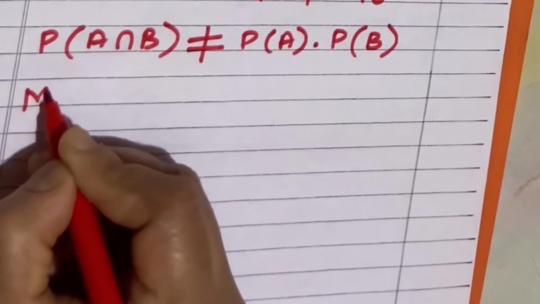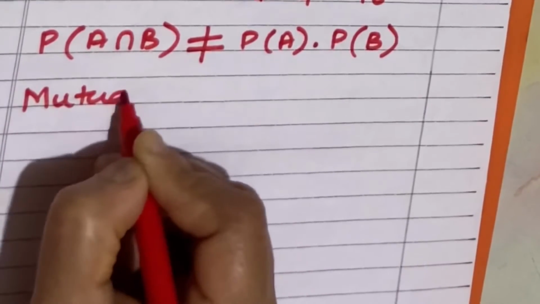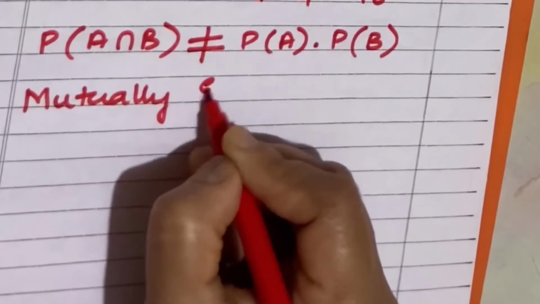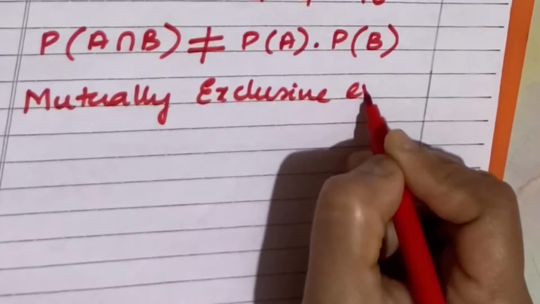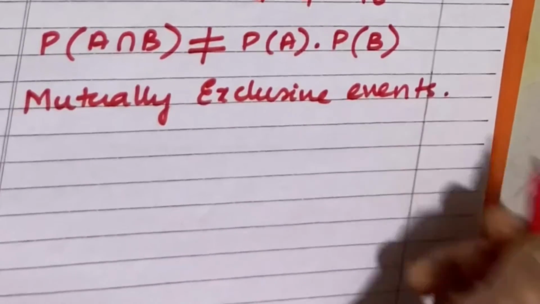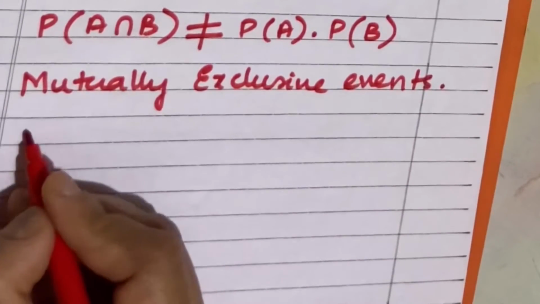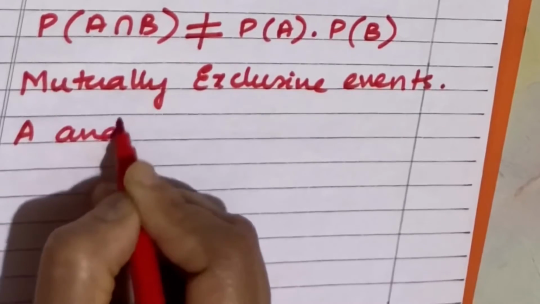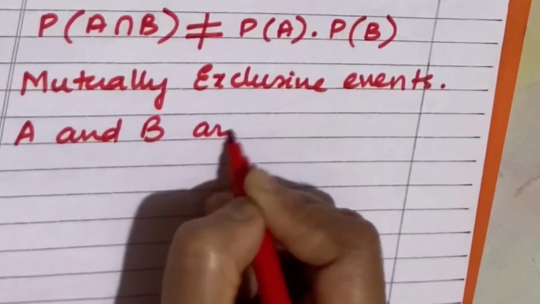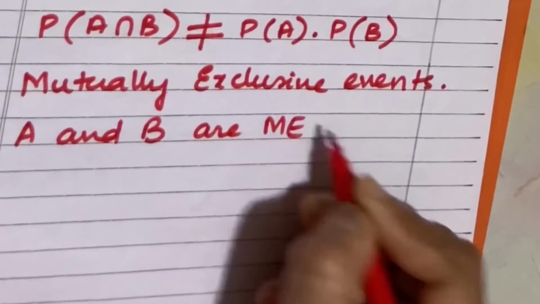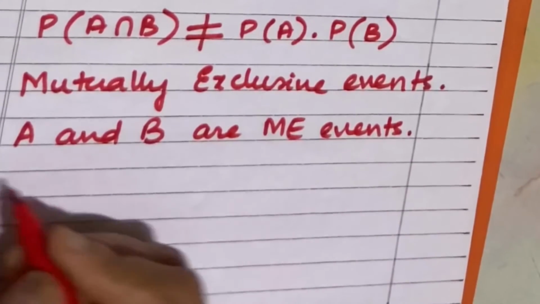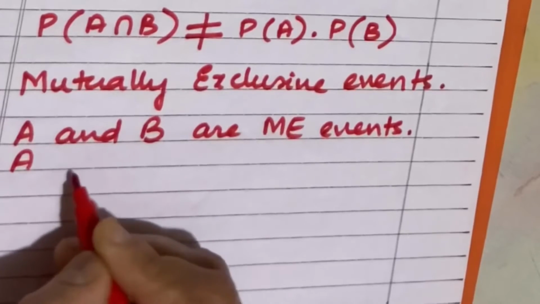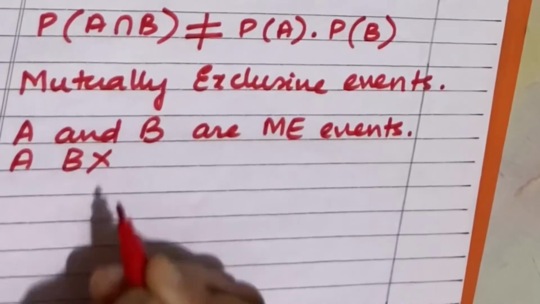Now we'll talk about mutually exclusive events. We say A and B are mutually exclusive events when A happens, B does not happen.